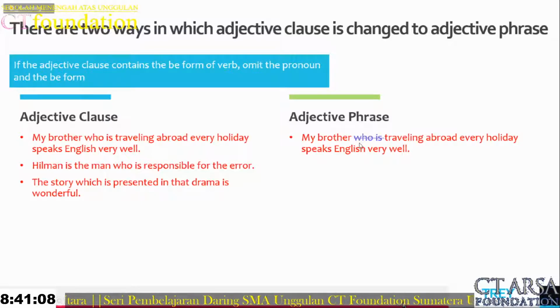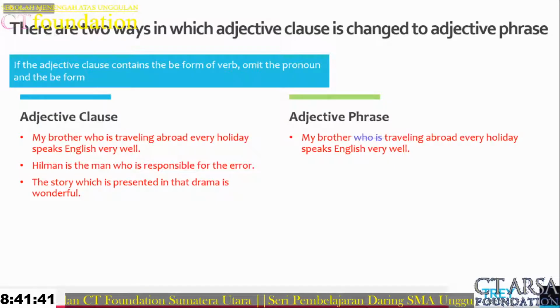Who as the relative pronoun, we take it out, and then is, also be, we take it out. When it is an adjective phrase, we don't need the relative pronoun and the be. So it becomes: my brother traveling abroad every holiday speaks English very well. The meaning is the same.